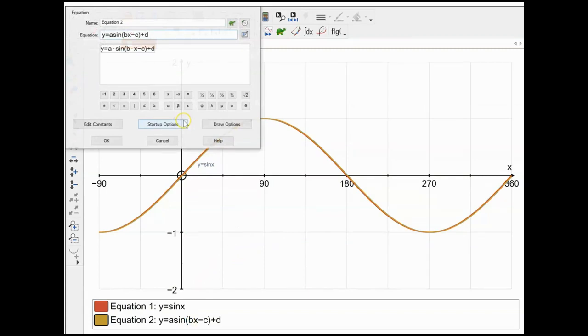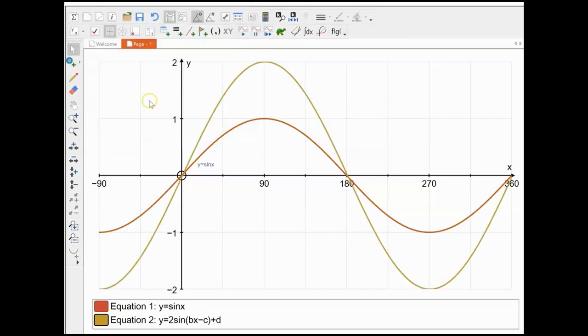Now I've put the graph back on default mode, and I'm going to be putting in actual values into our variables. For A, I'm going to be putting 2, and let's see how it moves. As you can see, the graph has been stretched 2 units along the y-axis.